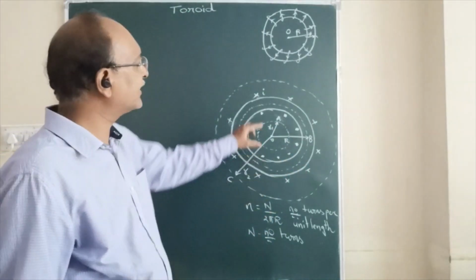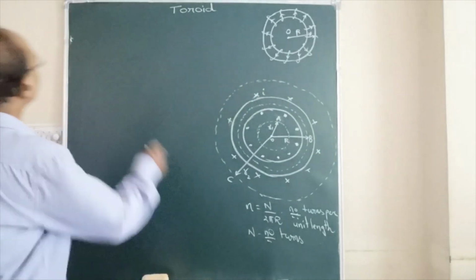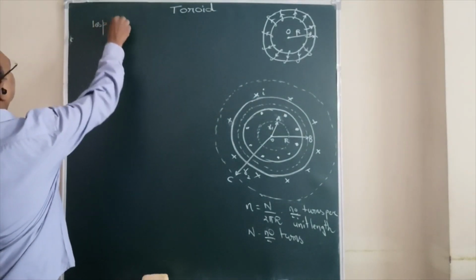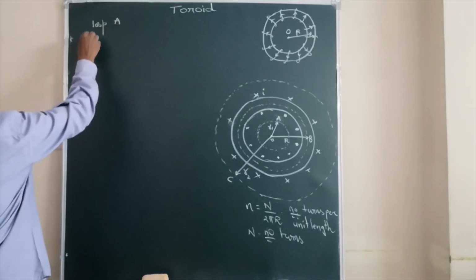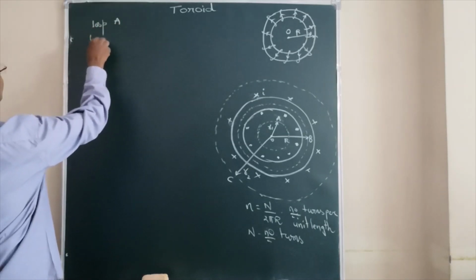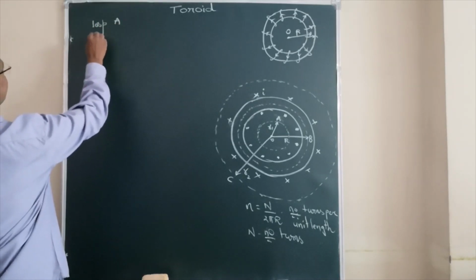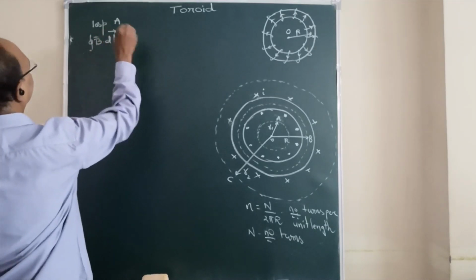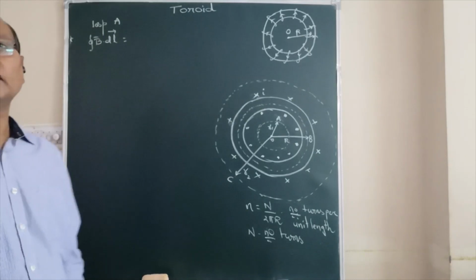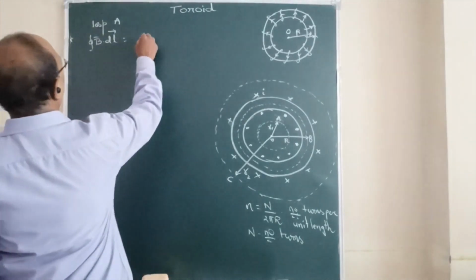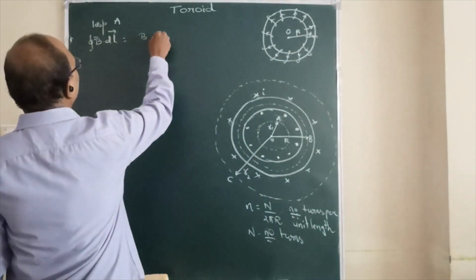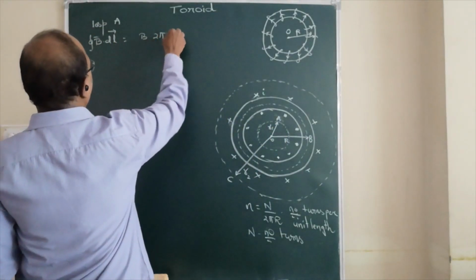So first we can take this one, A. For the loop A, the integration of B dot dl means you can take it as B into 2 pi R1, as the radius is R1.